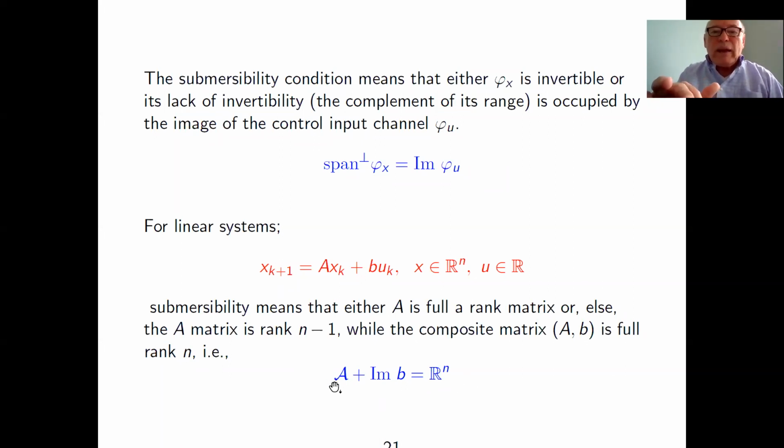So if A is not full rank, B can appropriately complement that lack of full rank of A. But of course, necessarily A has to be at least n-1, because otherwise, if this is rank n-2, B cannot complement the whole rank to have n linearly independent vectors gathered from the ranges of A and B.